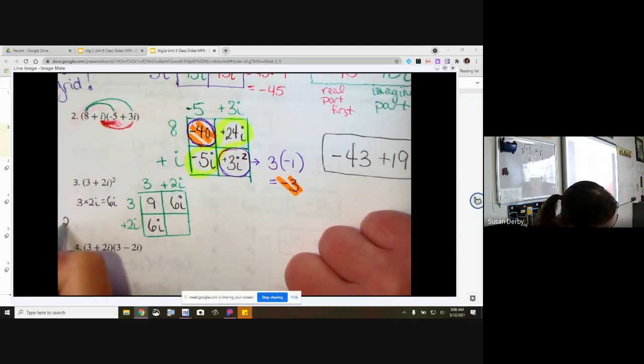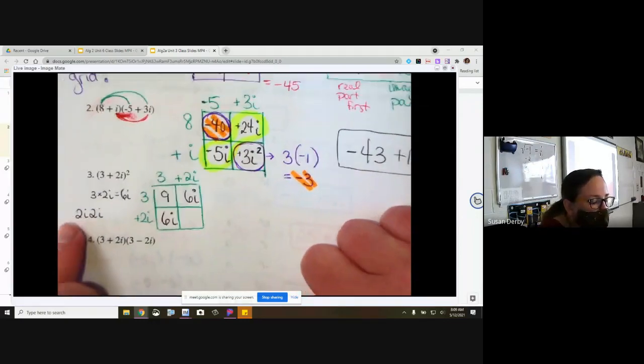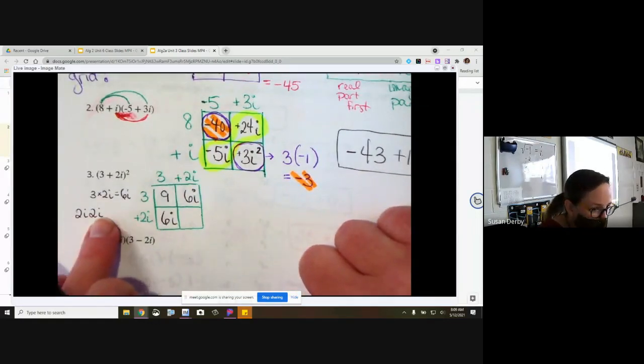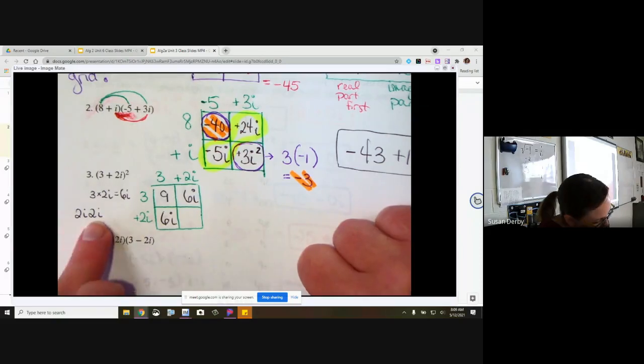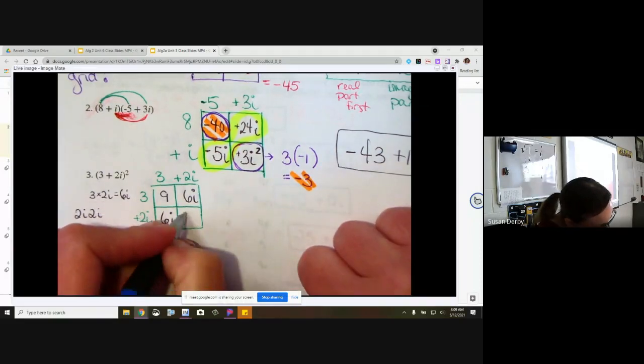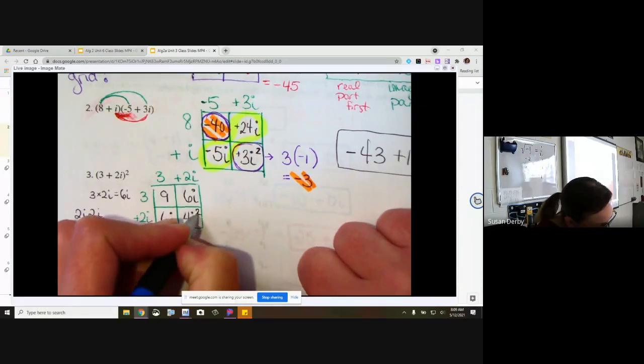And then last but not least, if I have 2 times i times 2 times i, all multiplying together, our 2 times 2 is 4, and i times i is i squared.